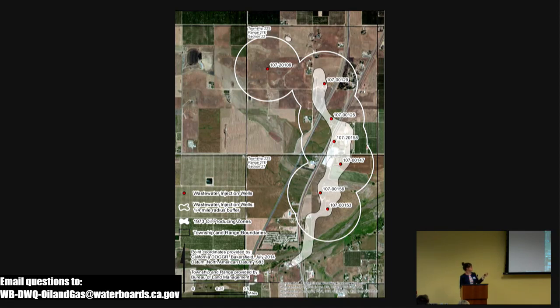But this map shows another really important thing. This shaded area is the aquifer exemption. These red dots are the wells. The circles around them are quarter-mile radius. That's the nominal, what's called area of review under the UIC program. It actually doesn't have any bearing on the aquifer exemptions, but when you get a permit for a Class 2 well, you have to designate your area of review, which is nominally the area in which you think injected fluids might migrate or endanger groundwater.